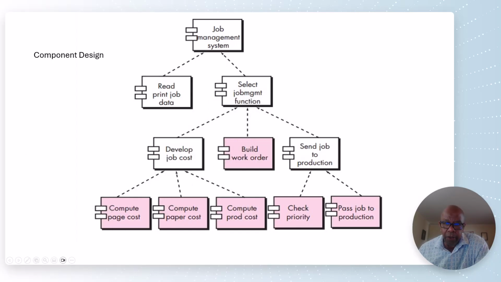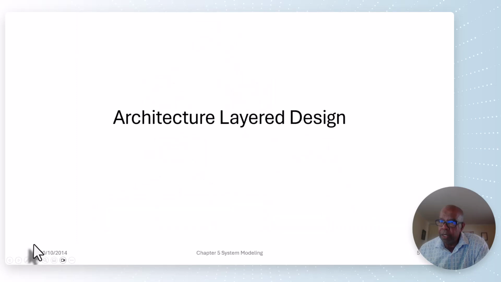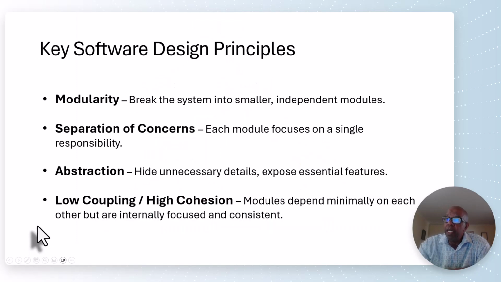The thing about this layer, and looking at each one of those boxes, is we're looking for modularity, breaking the system up into smaller independent modules. We're looking for separation of concerns. Each module focuses on a single thing.